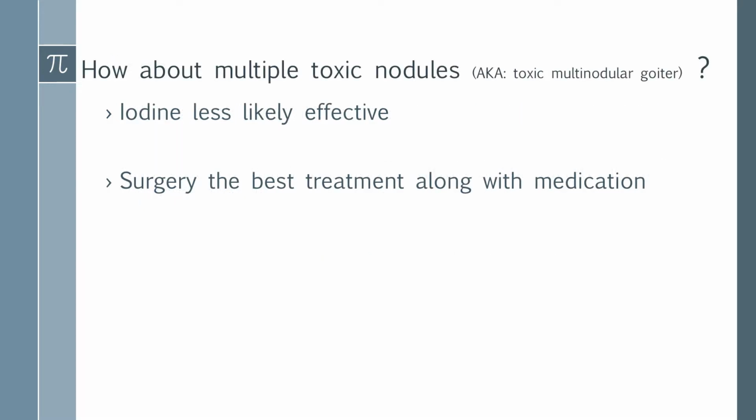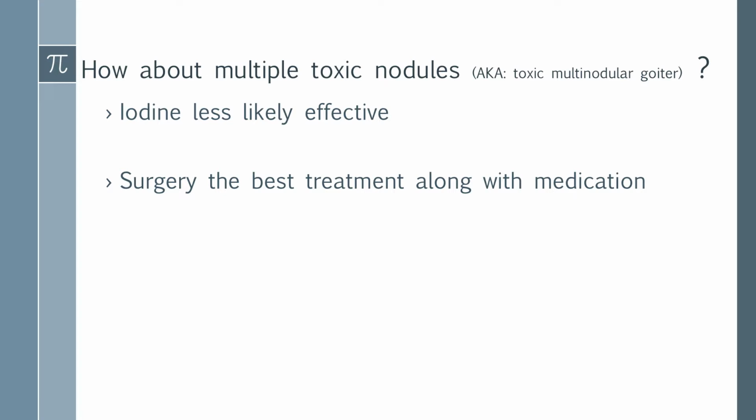So how about if you have multiple toxic nodules, or as it's known, toxic multinodular goiter? Remember, radioactive iodine is dose sensitive. If I'm giving 100 of iodine, it will kill that one nodule because all 100 are going to go to that one nodule. Now, if you have 5 nodules, the 100 are going to divide, 20 going to each nodule.